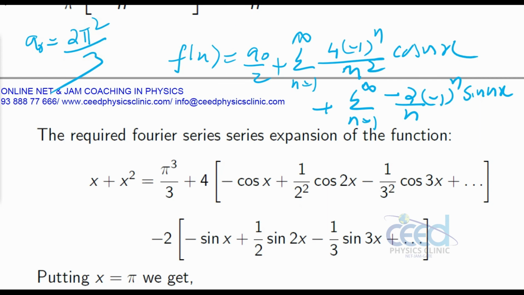If you substitute a0 = 2π²/3, the 2 cancels and we get π²/3.